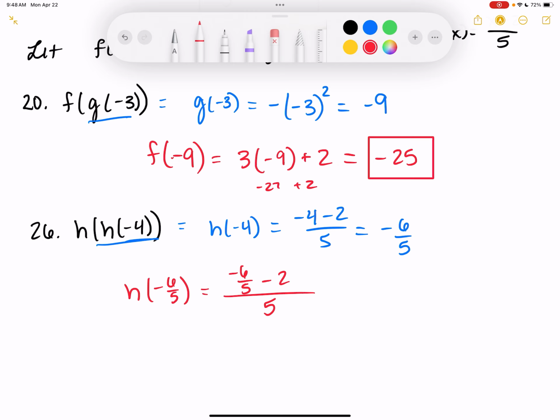So it'd be negative 6, what do you want me to rewrite this as? Negative 10 over 5. Okay, yeah. So minus 10 over 5. So then you said negative 16 over 5, all over 5, right? Yes. Now what?